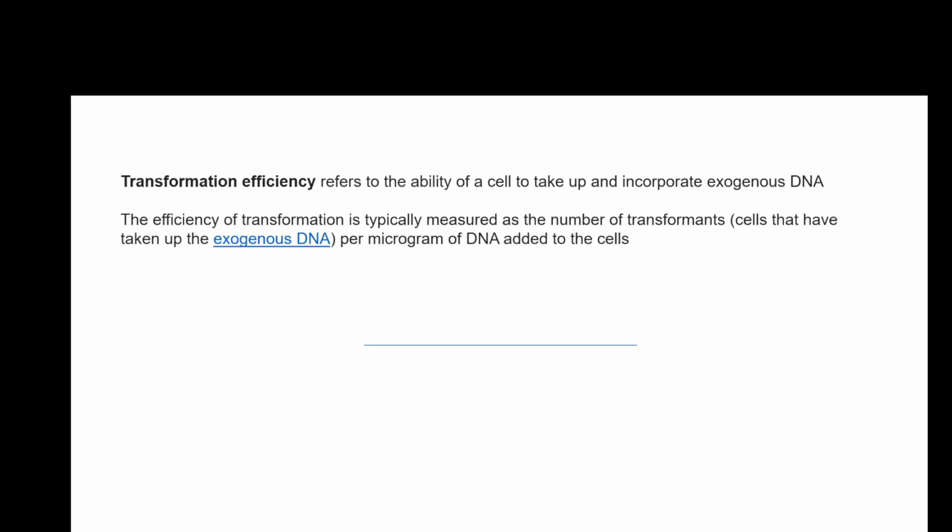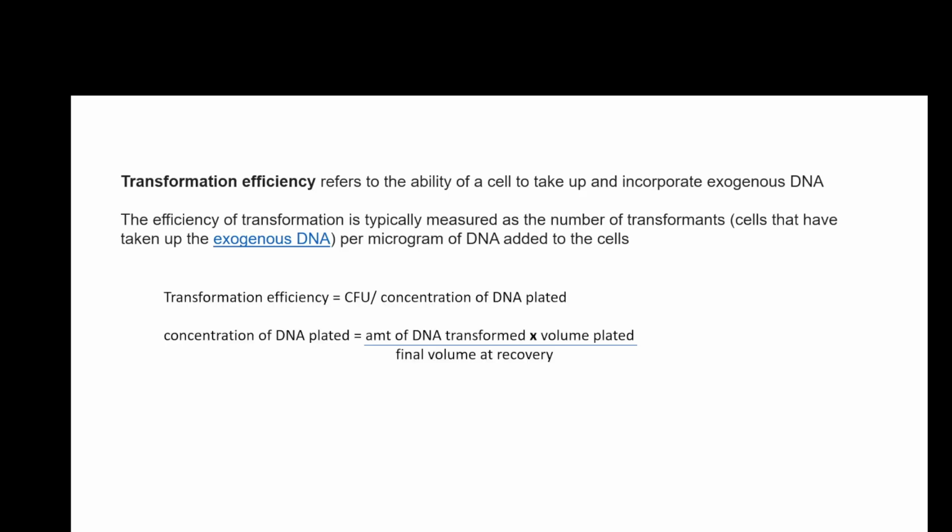Transformation efficiency is nothing but the efficiency of transformation, and it is measured as the number of transformants per microgram of DNA added to the cell. This is the formula for transformation efficiency: CFU per concentration of DNA plated. CFU we can count on a plate, how many colonies I am getting.